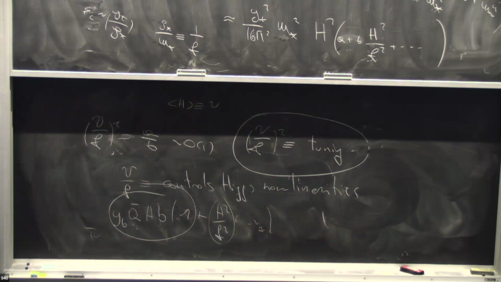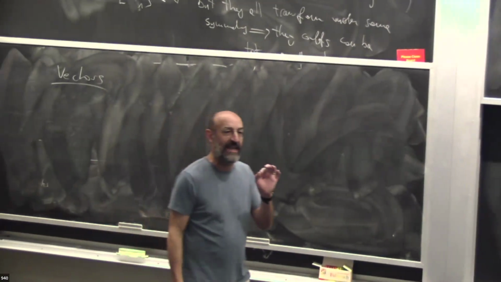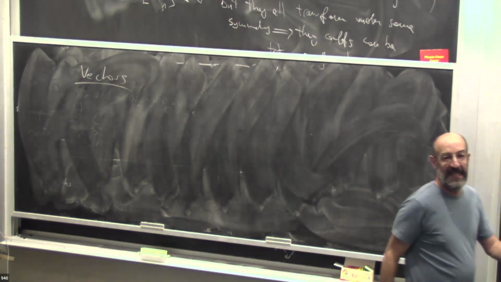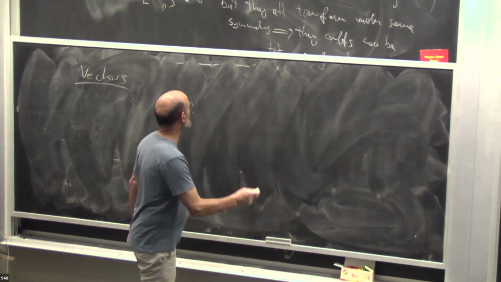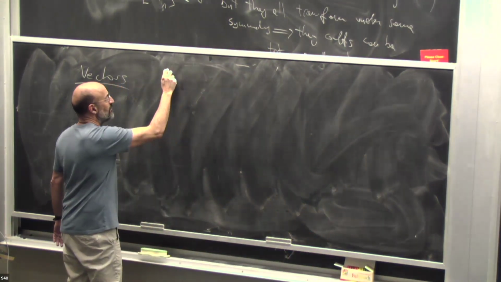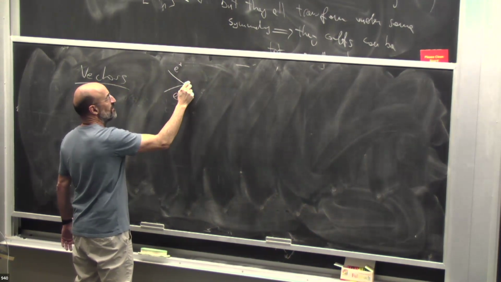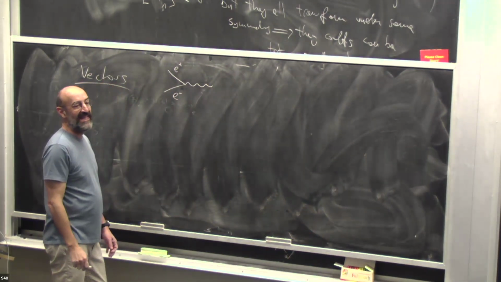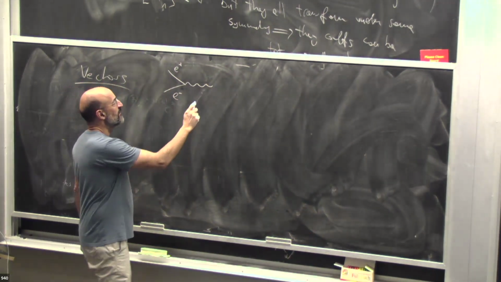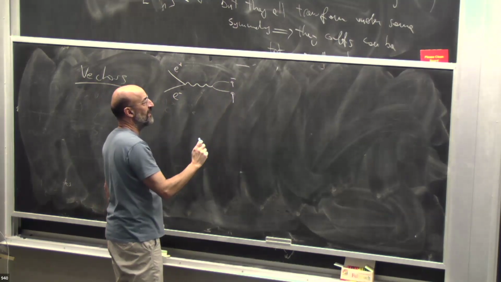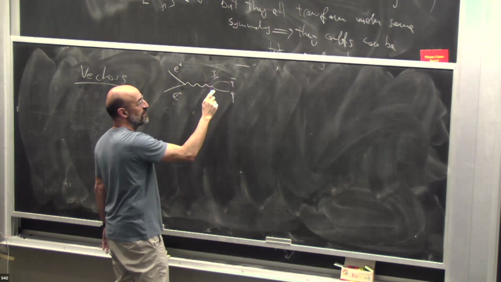The production of vectors follows the very same pattern as the production of the rho meson in e+ e- annihilation. Remember, the production of the rho meson in e+ e- goes like this. You have e+ e-, they annihilate into a virtual photon. The virtual photon can go to q q-bar. So this is a QCD current.